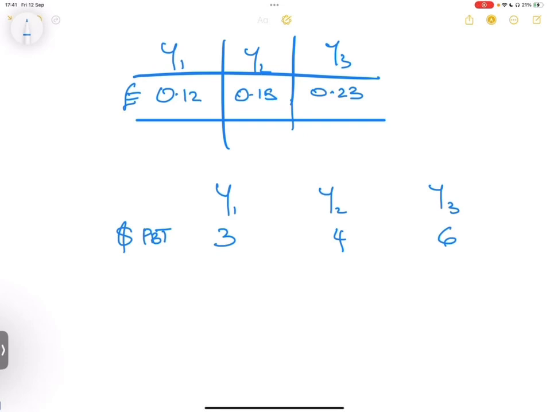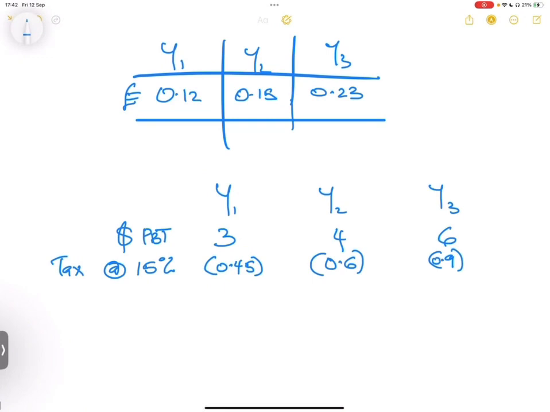So what will be remitted will be after we have paid tax, and tax will be at 15%. At 15%, we'll be paying tax of 0.45 and 0.15, that's 0.6, and this will be 0.9.